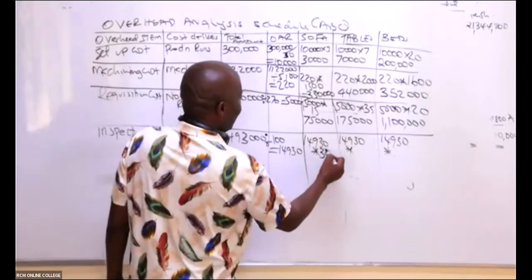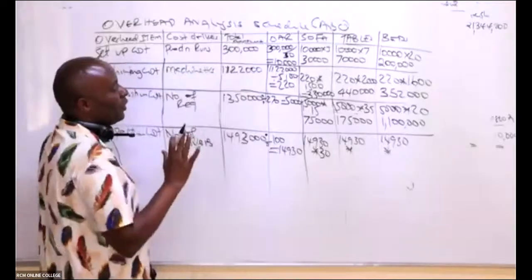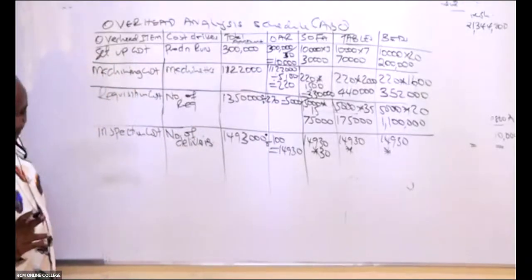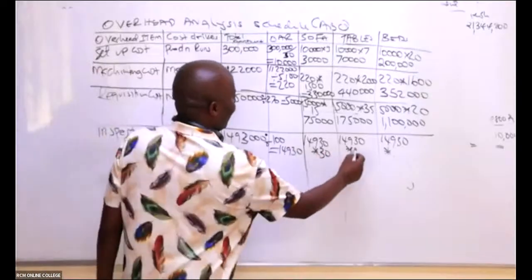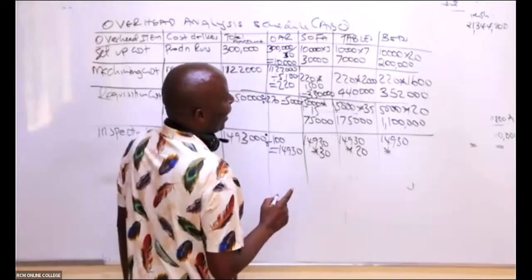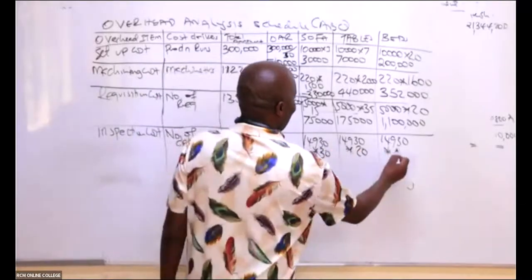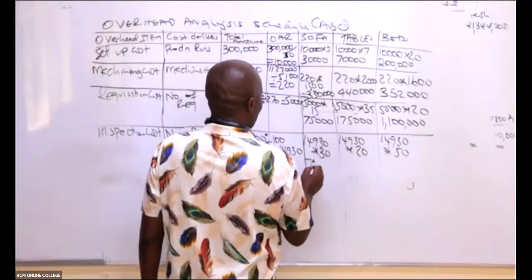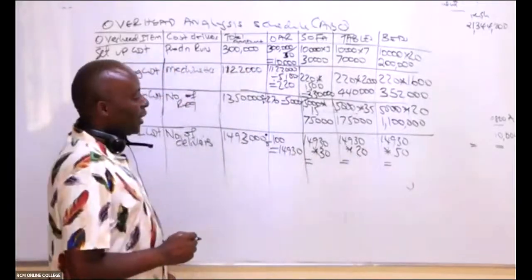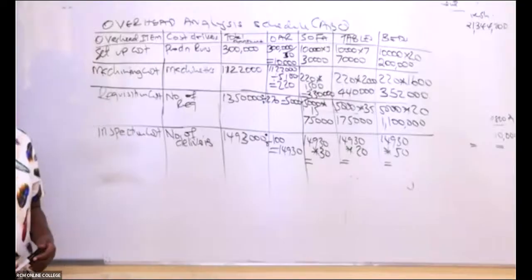So times 30. How about number of deliveries for tables? 20. Number of deliveries for beds? 50. Like that. So please get out of your comfort zone, get out of your way to ensure that you're able to give me these answers.